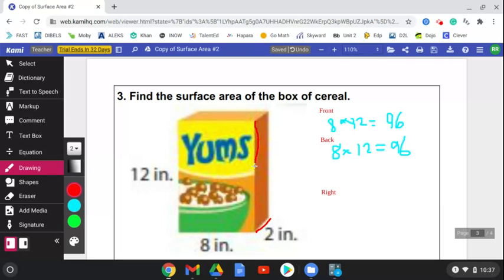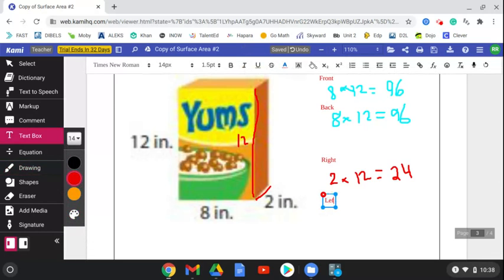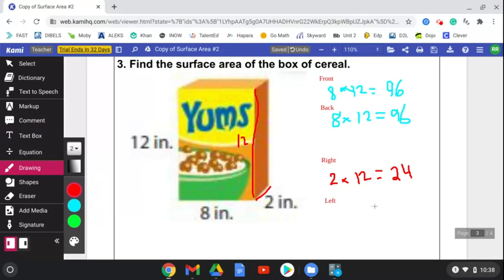Well, from here to here is 12, right? So this is a 2 by 12 rectangle, which would obviously be 24. That's the right side of the box, and the left side of the box would also be a 2 by 12, right? So to find the area, 2 times 12 is 24.